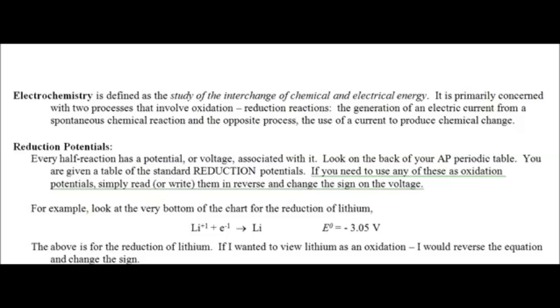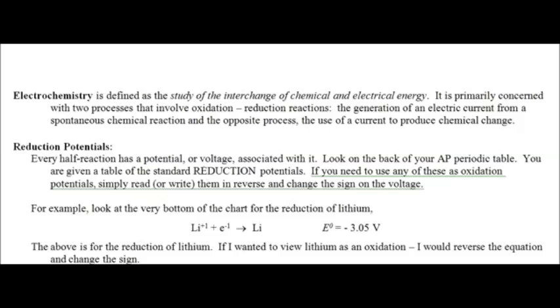We're primarily concerned with 2 processes, oxidation and reduction reactions, and the generation of an electrical current from a spontaneous reaction. And the key here is, we've already talked about spontaneity. If the reaction takes place on its own, we don't have to do anything except place them in the substance that they're going to react within. This is a spontaneous action. And we'll talk about whether something is spontaneous or not here in a few minutes.